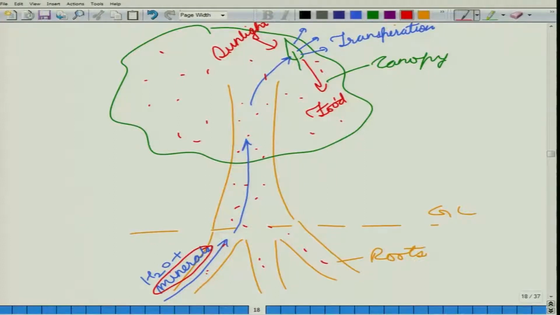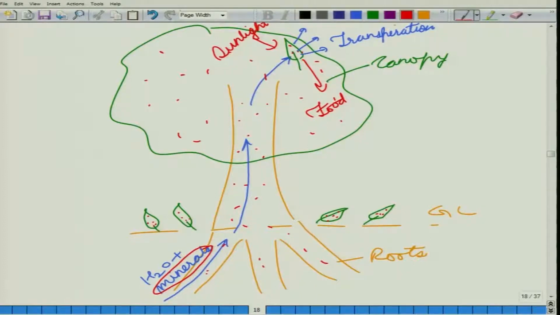Now what happens after some time? After some time this tree will get older, and when it gets older, or maybe this leaf gets older, or when a time comes when this tree is shedding off the leaves, then these leaves will come down to the forest floor. Now because these leaves also had these minerals, so we will get these minerals down here to the forest floor.